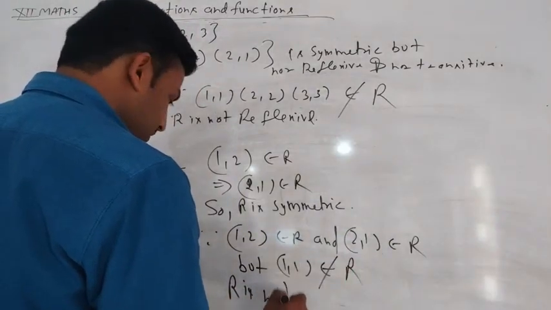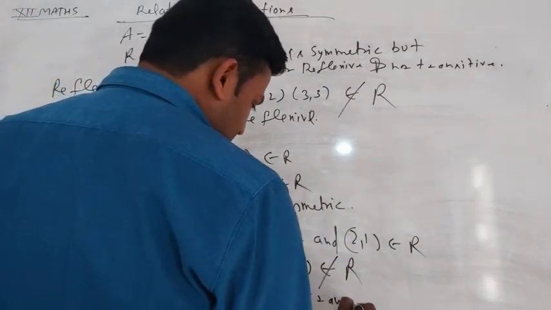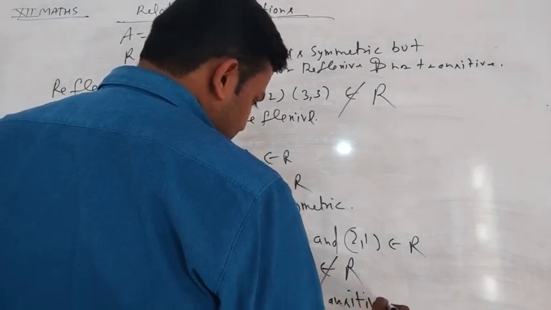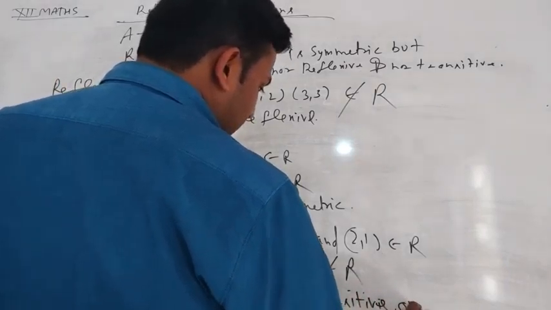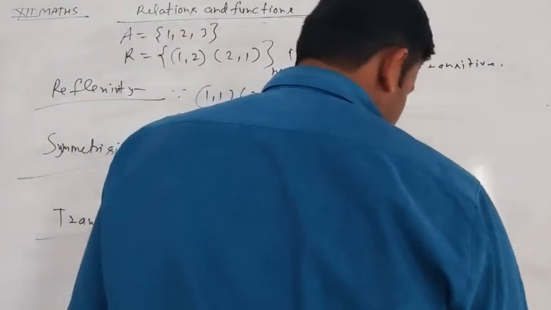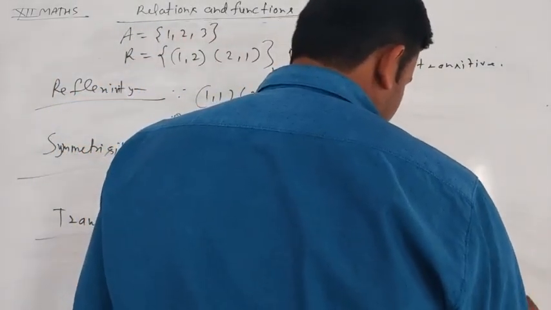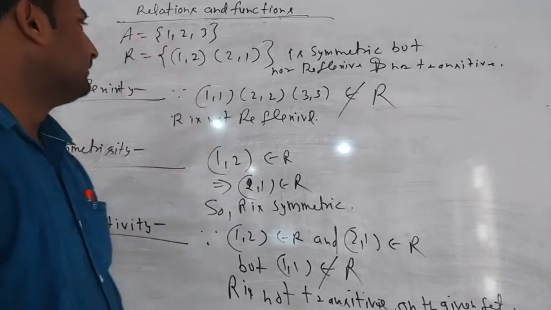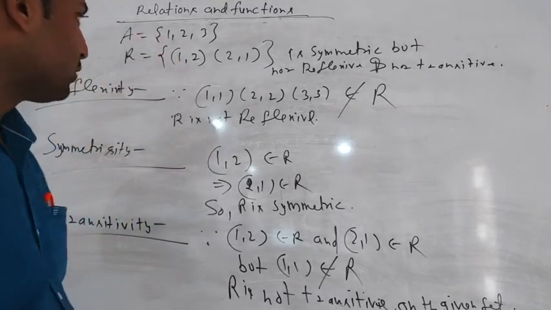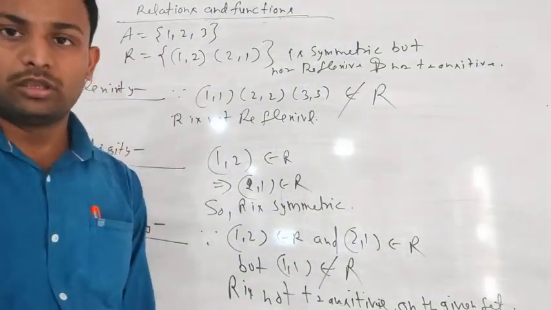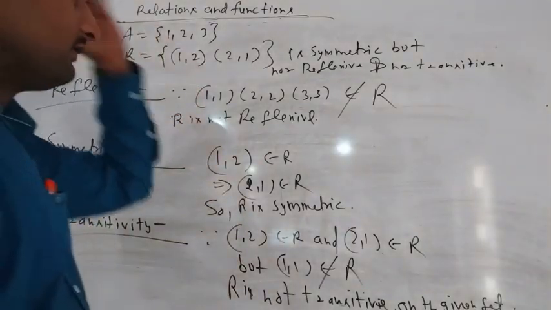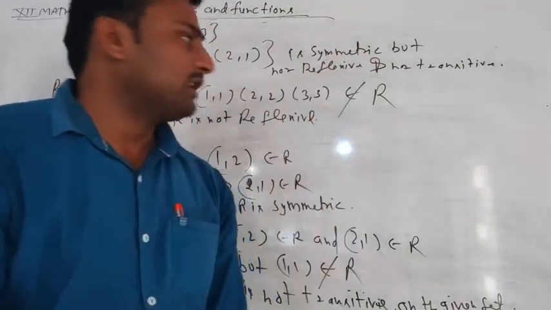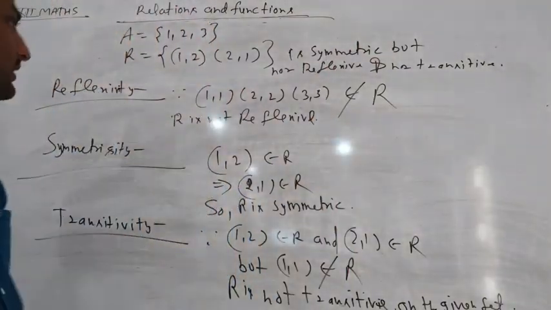is not transitive on the given set. Okay students, so in this way we can prove that this relation, which is {(1, 2), (2, 1)} on the set {1, 2, 3}, is symmetric but not reflexive and not transitive.